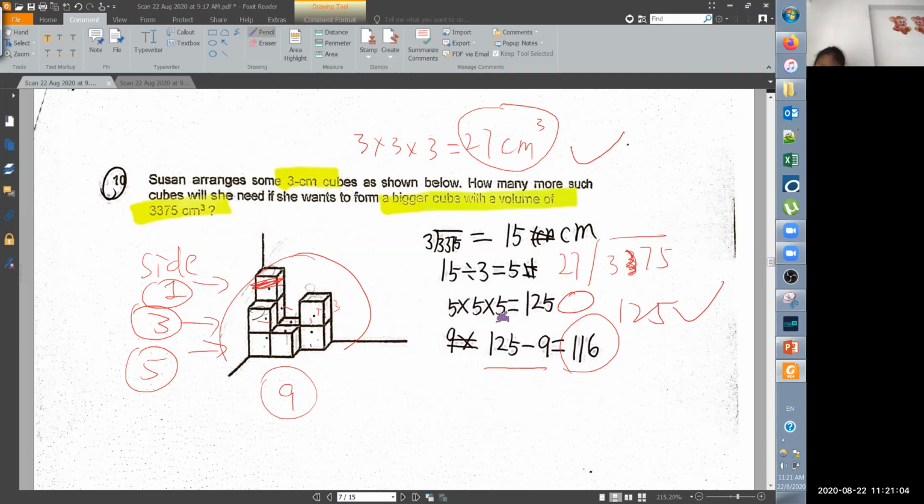What is this 5 times 5 times 5 啊？为什么啊？因为我当时求出来的是15厘米它的边长，然后呢，15除以3就是每个边上有5个 cube，然后呢 Okay, so yeah, I understand.